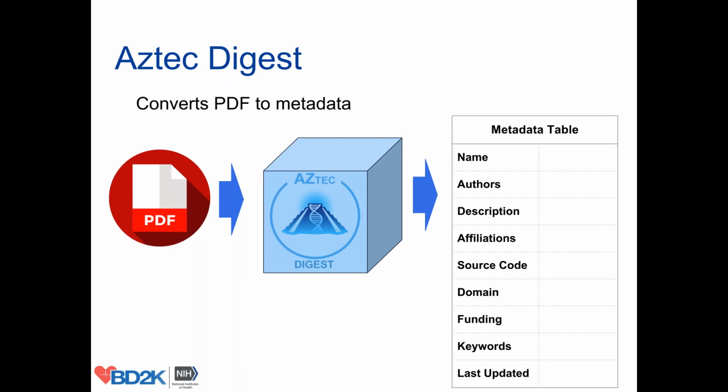So I'll be talking about our newest feature, Aztec Digest, which is our new and improved PDF uploader that allows users to upload their publication as a PDF to Aztec. Our system has improved the PDF to full text conversion to maintain the quality of the text.